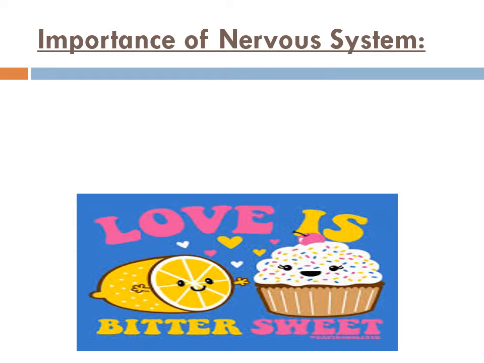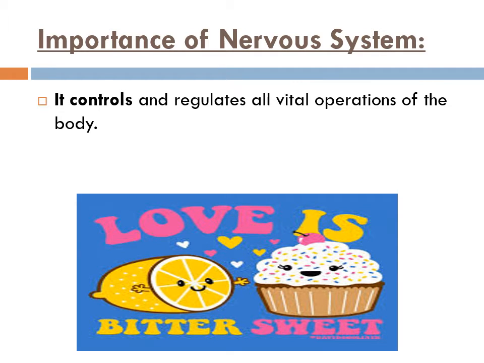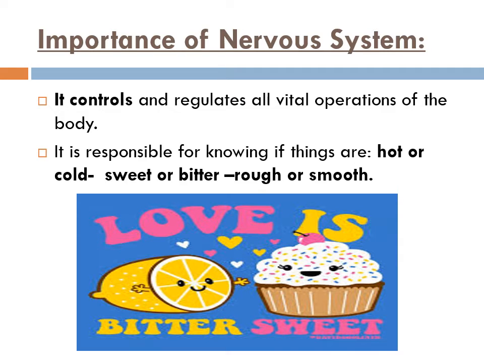Importance of the nervous system. It controls and regulates all vital operations of the body. It is responsible for knowing if things are hot or cold, sweet or bitter, rough or smooth.